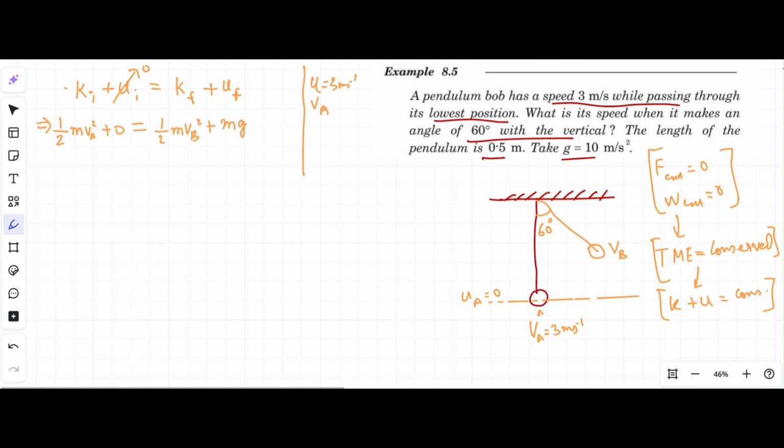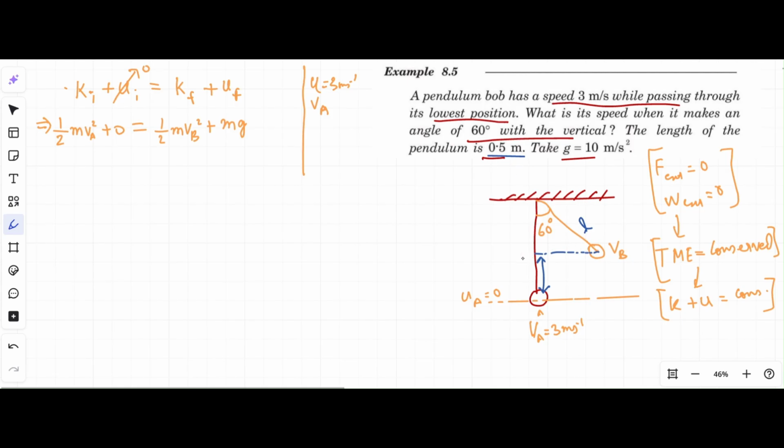Suppose it reaches this height. So in the vertical distance, it has traveled this much. For mgh, in order to calculate it, we need to find this height. From A to B, we need to find AB. We know that this length is L. L is the length of the string, which is 0.5 meter, given to us.